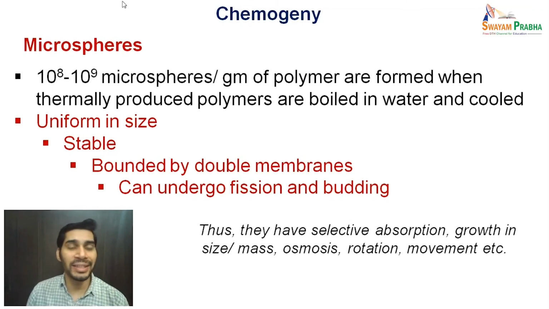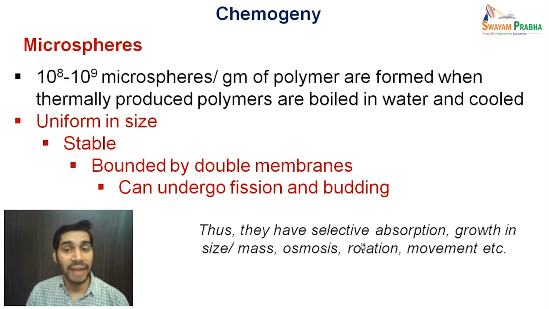Moving ahead to another type of protocells which Fox could develop, they are called microspheres, and around 10 to the power 8 to 10 to the power 9 microspheres per gram of polymers are formed when thermally produced polymers are boiled in water and cooled. So he made proteinoid microspheres which were uniform in size, quite stable, they were bounded by double membranes, and they could undergo fission and budding.